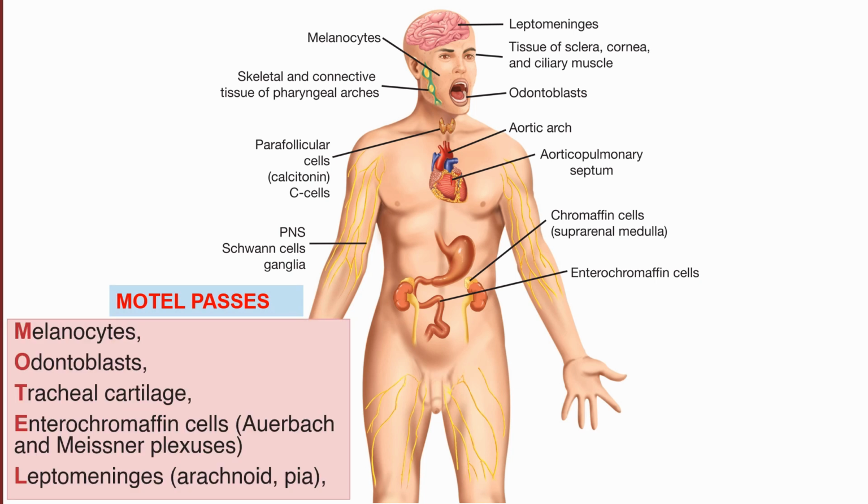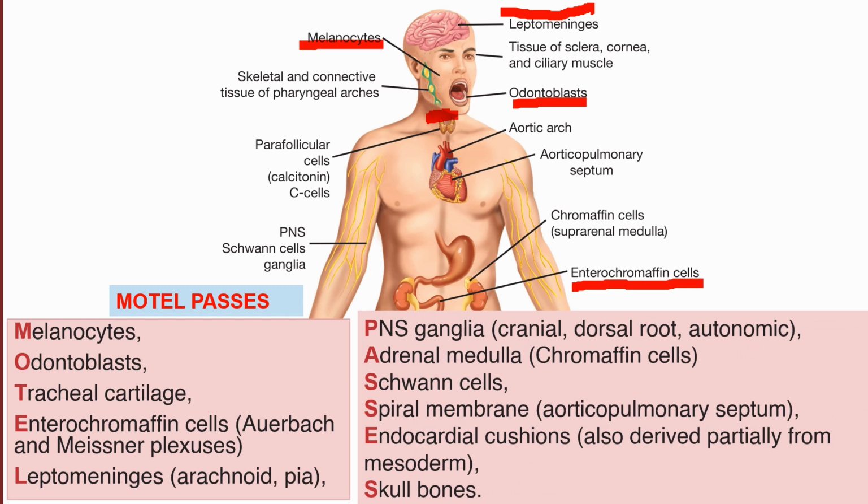The M in MOTEL PASS indicates melanocyte cells, O for odontoblast cells, T for tracheal cartilages, E for enterochromaffin cells. L is for the cells of Auerbach plexus and Meissner plexus, and leptomeninges, which is a combined word for arachnoid matter and pia matter.